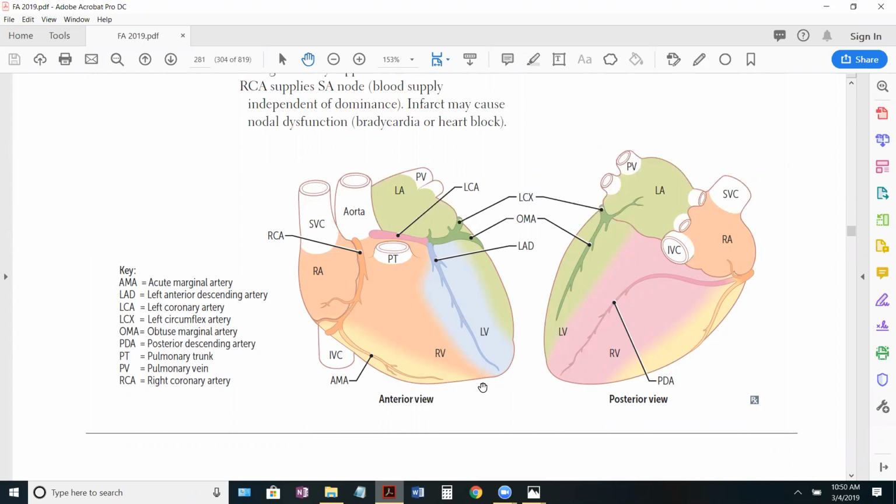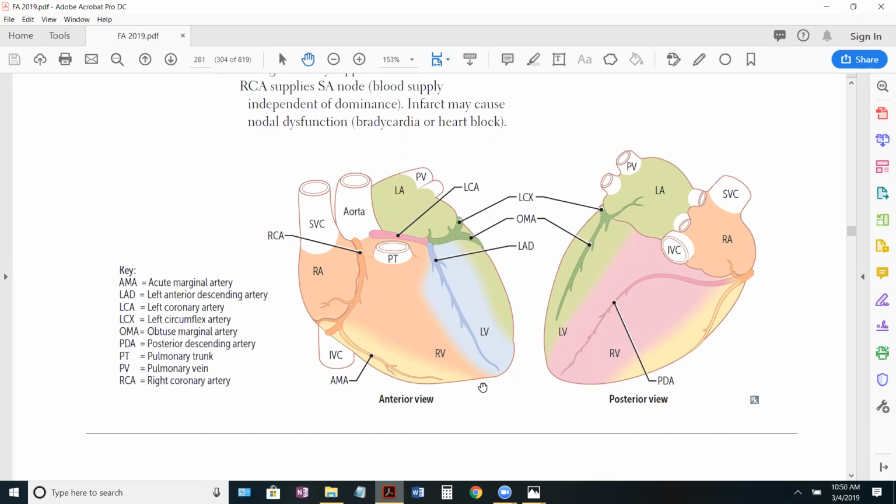And also each area of the heart produces specific changes in the ECG if that area is not getting blood supply. So keeping these two things together means each area is supplied by a specific vessel, and each area when it becomes ischemic gives rise to very characteristic changes in specific leads of the ECG.